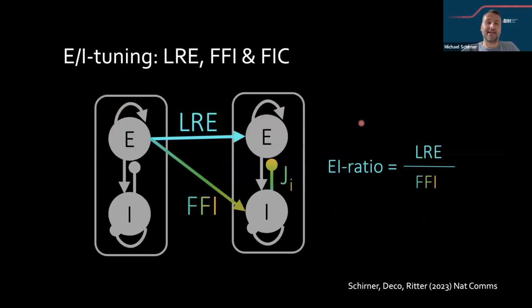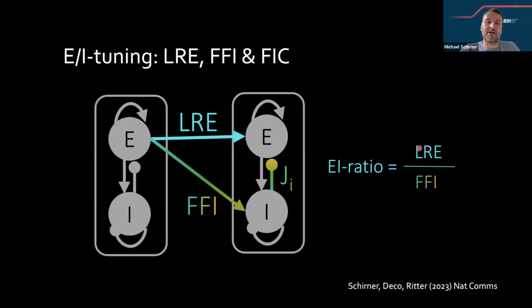We can define the EI ratio as the quotient of long-range excitation, so the long fiber bundles that go between excitatory populations, over FFE, the feed-forward inhibition. Here we also have long-range connectivity, but locally this excitatory input is then converted into inhibitory input for the local excitatory population.